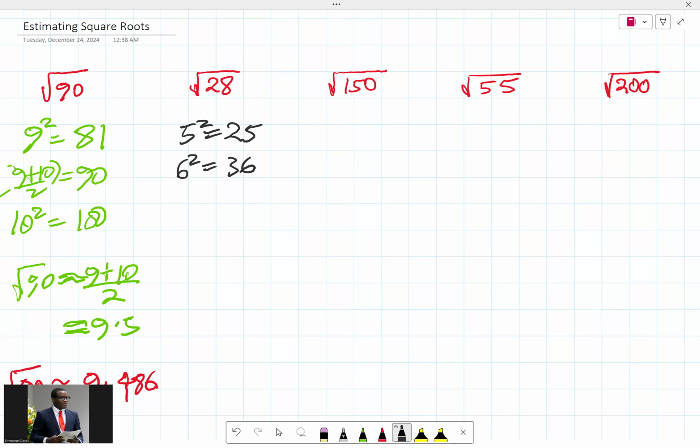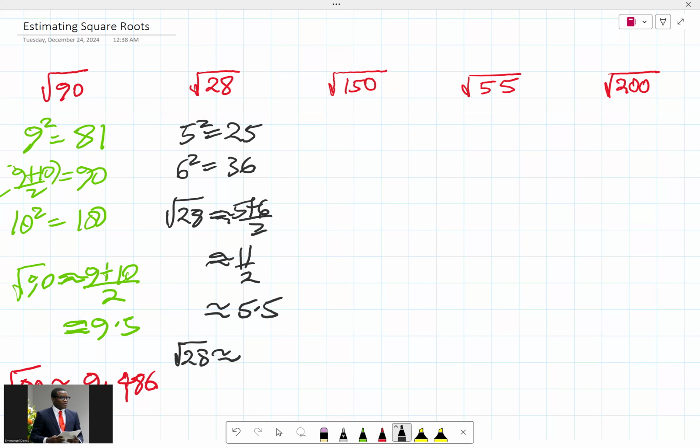Now you can estimate the square root of 28 to be something like 5 plus 6 divided by 2, and that is 11 divided by 2. Of course, it's just an approximation, don't forget. That's around 5.5. But the actual square root of 28, if you punch your calculator, is approximately 5.292.